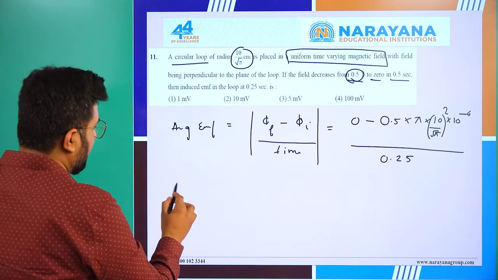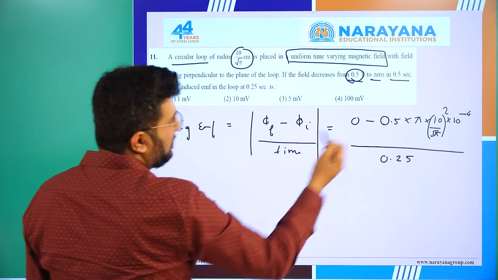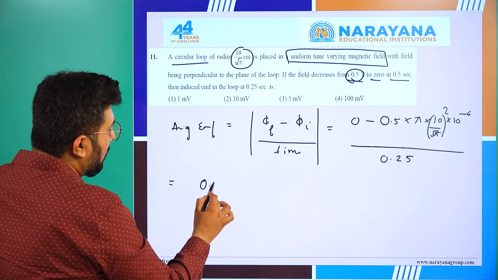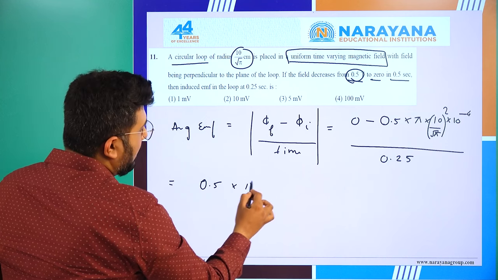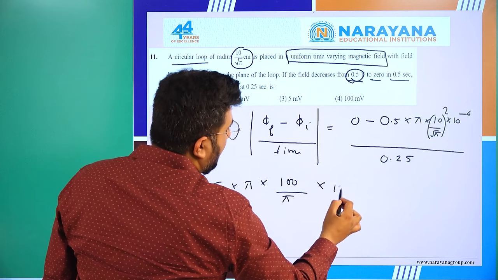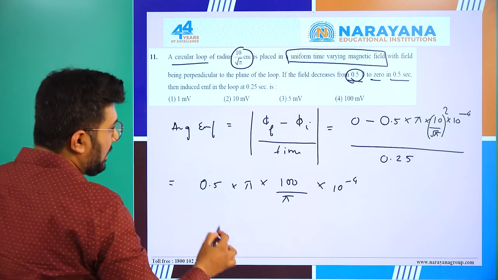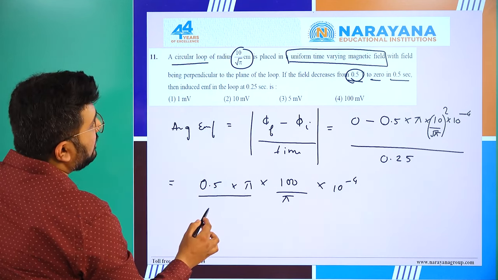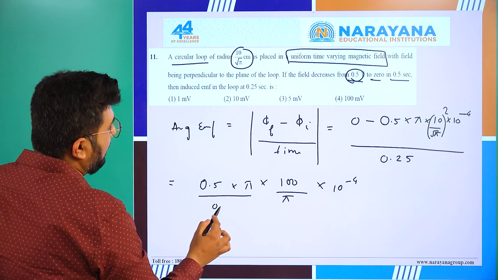So when I solve this, I'll just write the magnitude, I'll just remove this minus sign here. So 0.5 into pi into 100 by pi into 10 raised to the power minus 4 divided by the time.